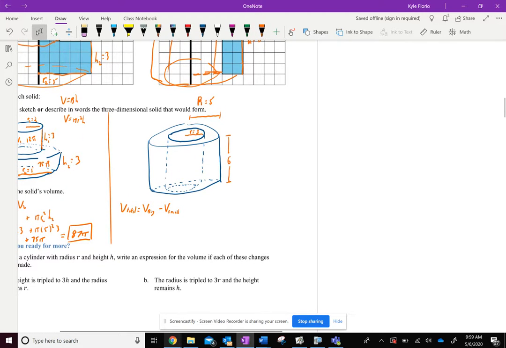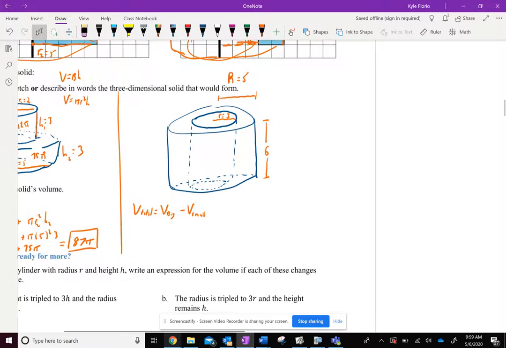So the volume we're looking for is the big volume, pi times the big radius squared times the height, minus pi times the little radius squared times the height. So the entire volume minus the little hole that got cut out. The big radius is 5 and the height is 6.